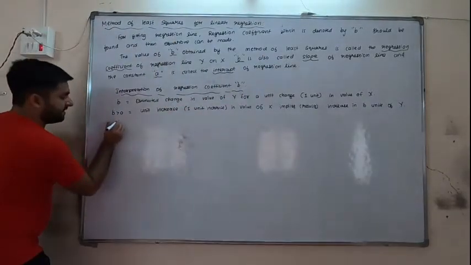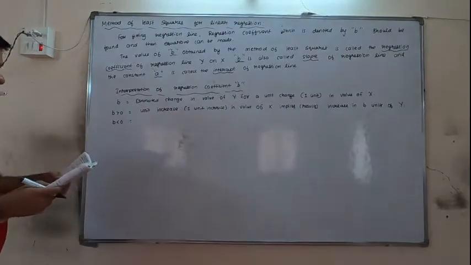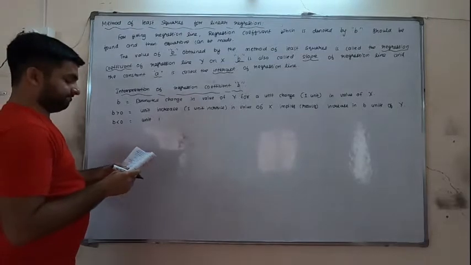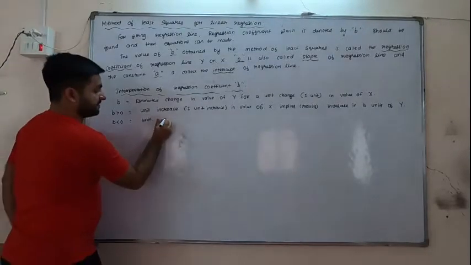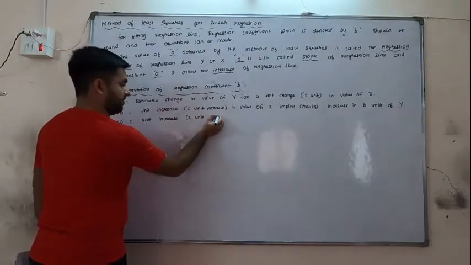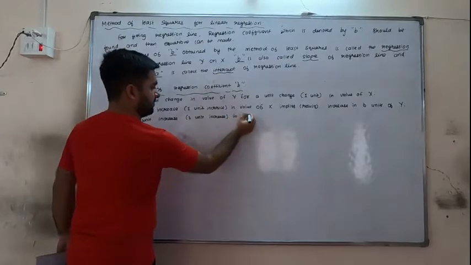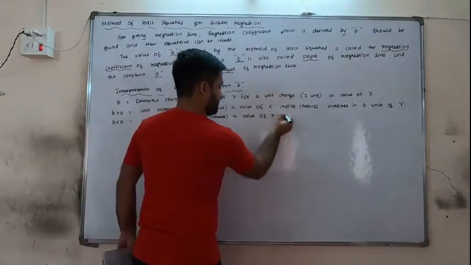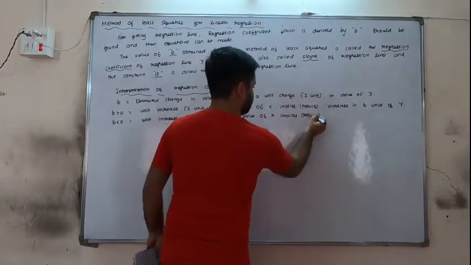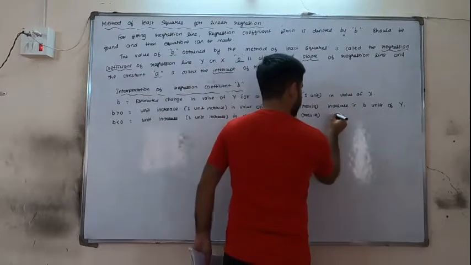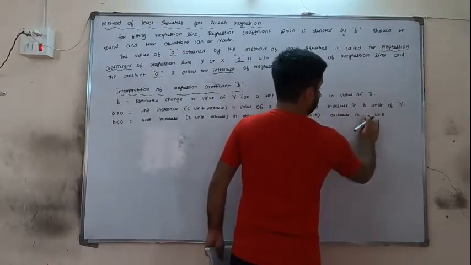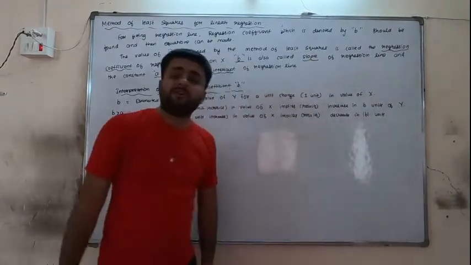Now the opposite of it. If b is less than 0, then what can we write? A unit increase, means 1 unit increase in value of x, implies, means results in, a decrease in modulus b units of y. Why do we keep modulus?